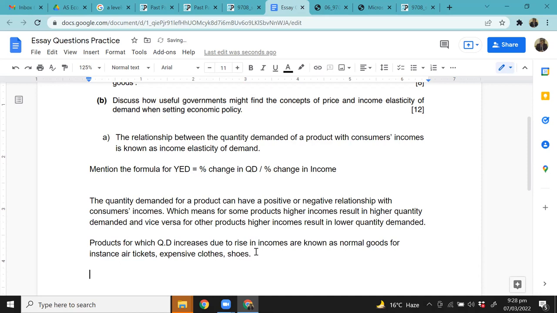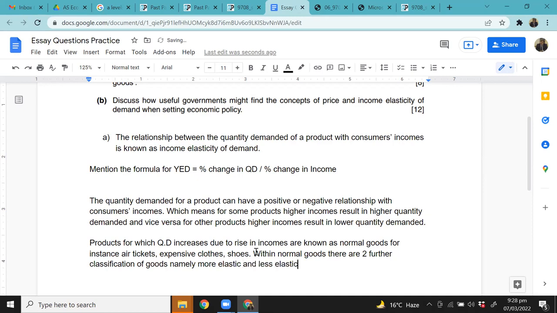Easy. Then within normal goods, there are two types. Do you remember this or not? Within normal goods, there are two further classifications, namely more elastic goods and less elastic goods, right?